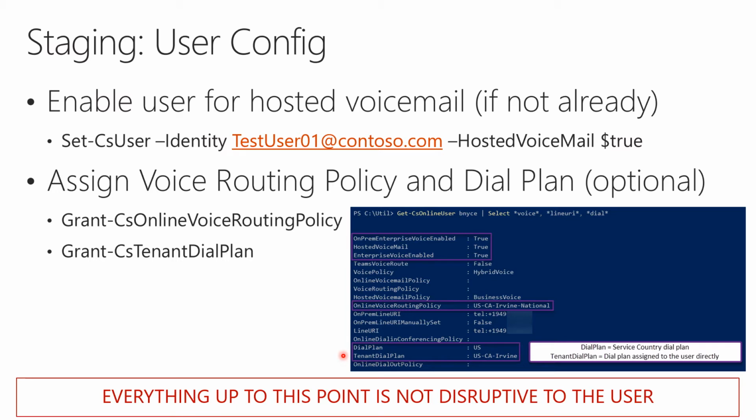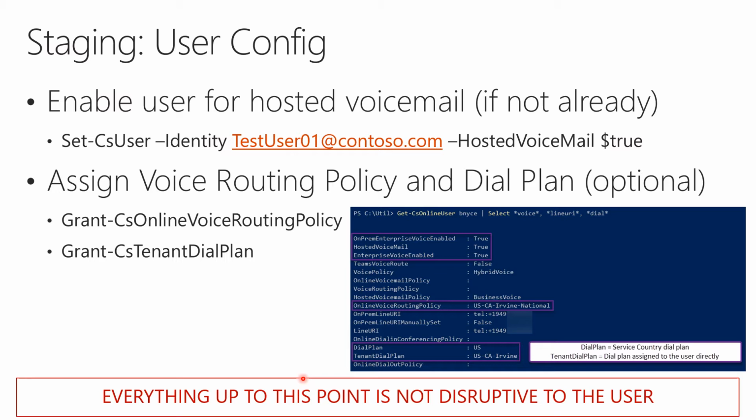Now remember, from a user standpoint, their effective dial plan is going to be a culmination of both of these, right? And again, for more detail on that, go check out the second session that we did on configuring and managing direct routing.